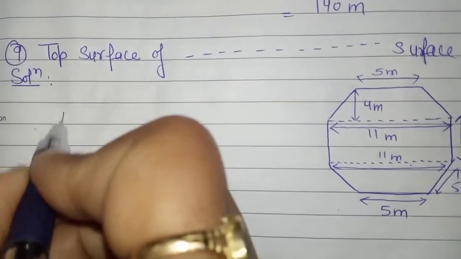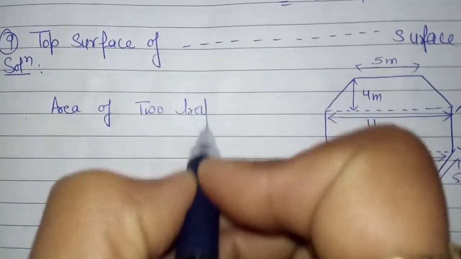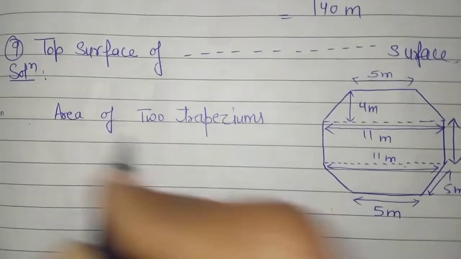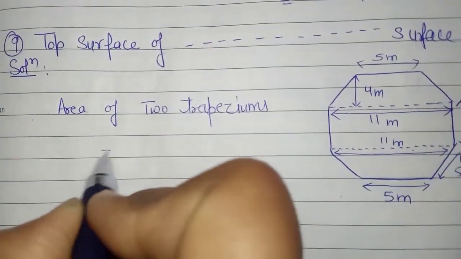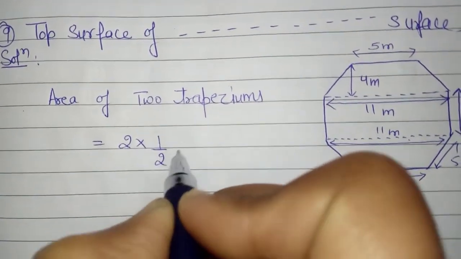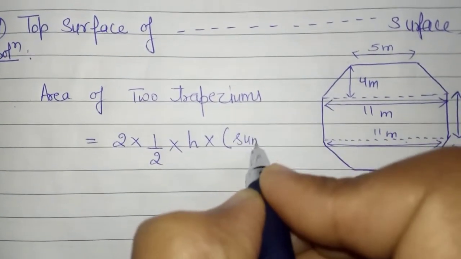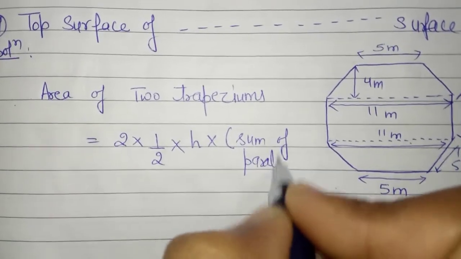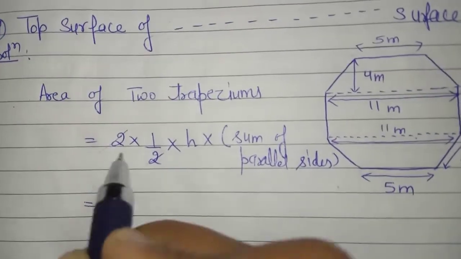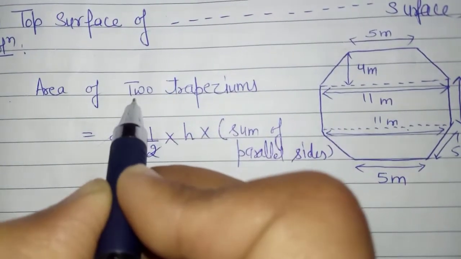So firstly, area of two trapeziums, you can give names for these also. Okay, so area of two trapeziums is equal to 2 multiplied by, we'll use the formula of area of trapezium, that is 1 by 2 into height into sum of parallel sides. 2 and 2 will be cancelled out. 2 is multiplied because we are finding the area of two trapeziums.